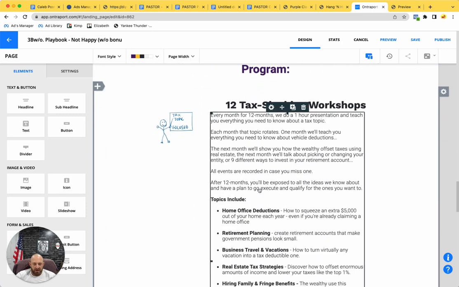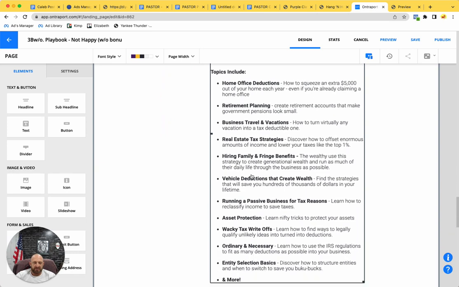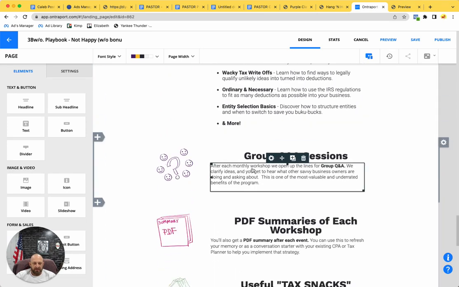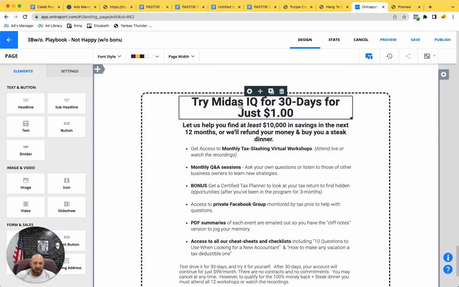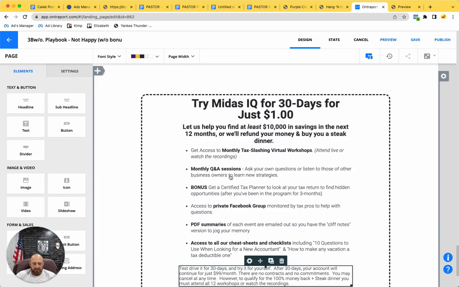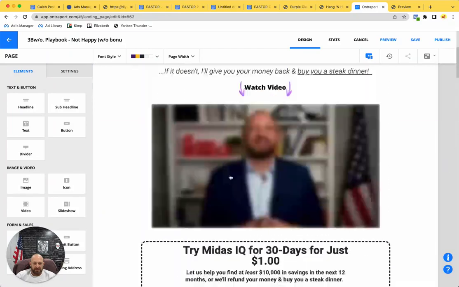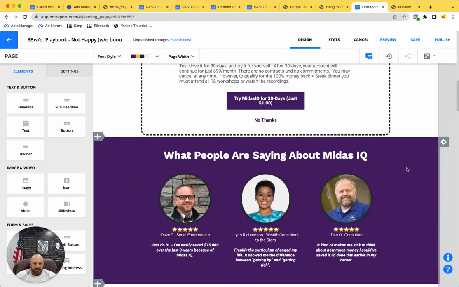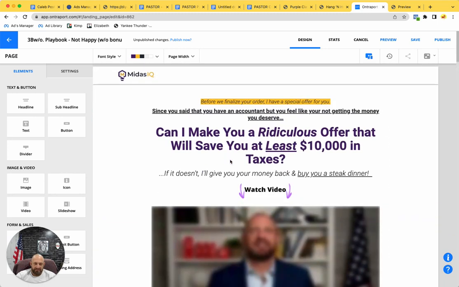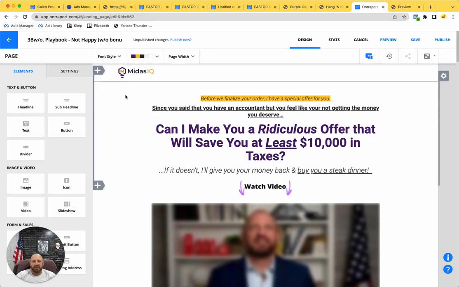And then I get into my offer or my solution. My solution is 12 workshops. Here's what we're going to teach you. Here's my group Q&A. Here's all the things that are included. Here's my offer. Right, and I have some testimonials jammed in up here, because I also have my offer up here. Some testimonials. Okay, so that's kind of the thing.